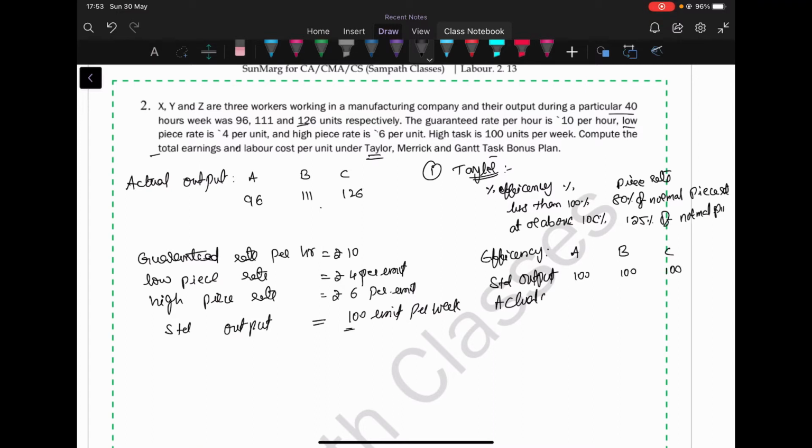Actual output 96, 111 and 126. So efficiency, how we will find out? Efficiency is actual divided by standard. So efficiency in terms of percentage is 96%, 111%, 126%.